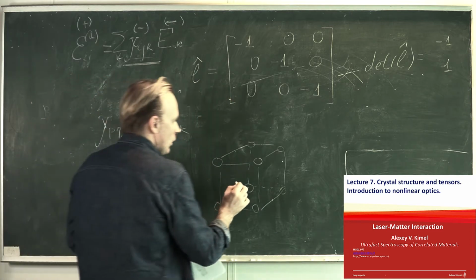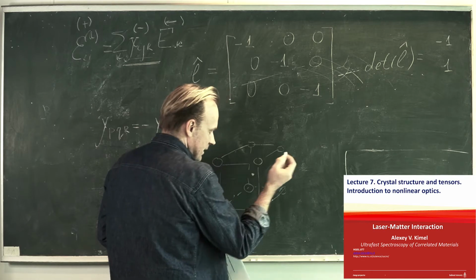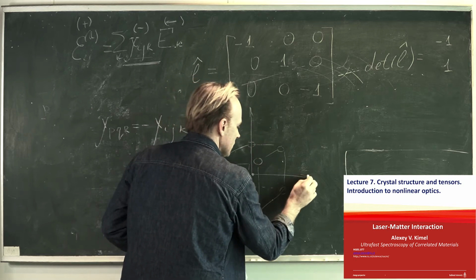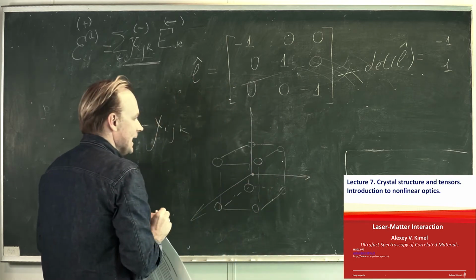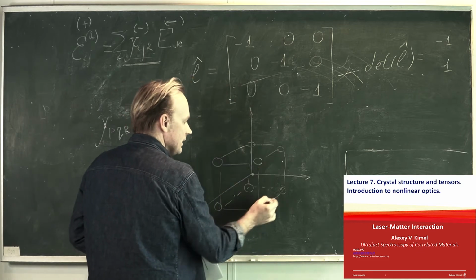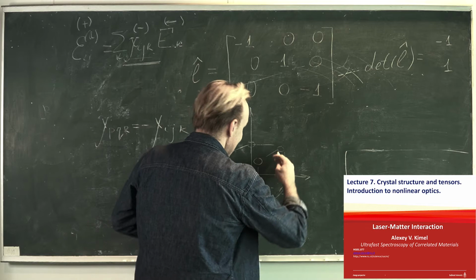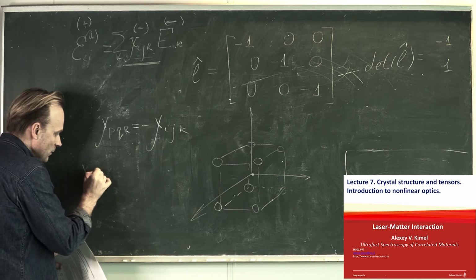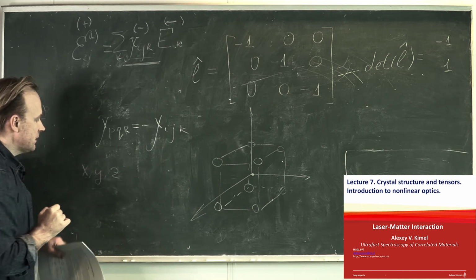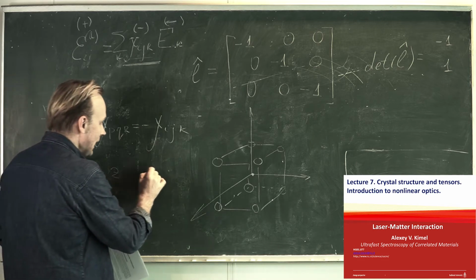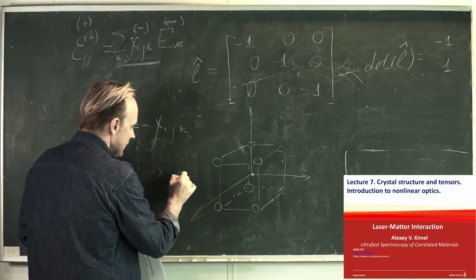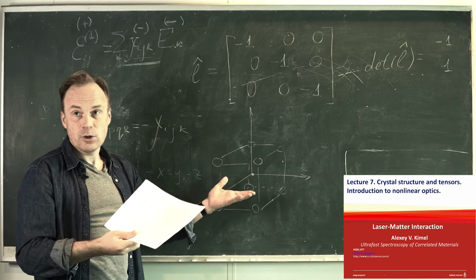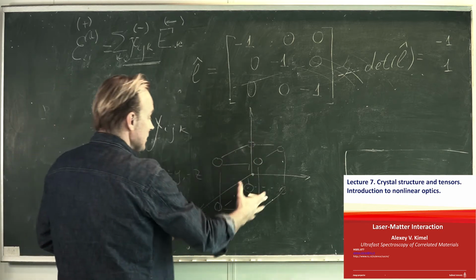And for this crystal, we can choose a point such that if we place the center of the coordinate system exactly at this point, and if we try to define the coordinates of all the atoms in this coordinate system, we will see that if there is an atom with coordinates x, y, z, there will be also an atom with the coordinates minus x, minus y, minus z, because this is basically the property of a cubic crystal, of a cubic arrangement of atoms.